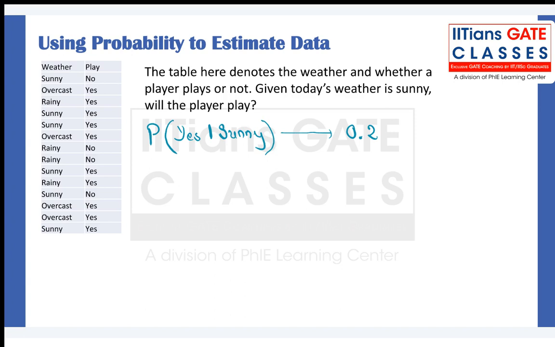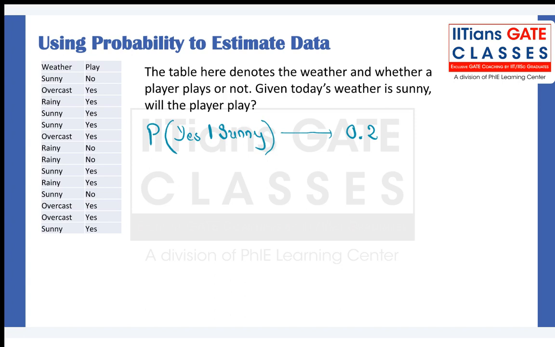Let's say I tell you, what is 0.2? What does the value 0.2 mean for this probability? If I ask you this question, what will you answer me? Will you play? Will you say no, sir, 0.2? What do you mean by 0.2?